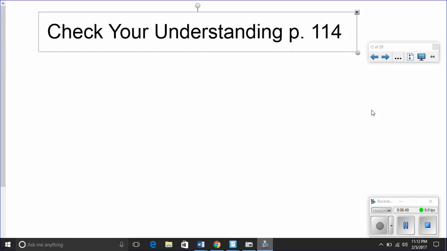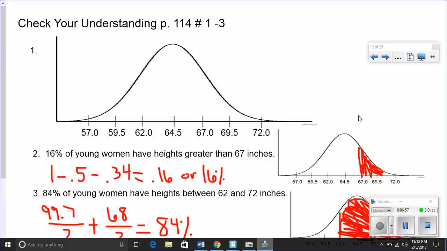Go ahead and try to check your understanding on page 114, and then we can go over these. So here are the answers. Number 1 just asked you to draw the sketch. The mean 64.5 goes in the middle, and then we add the standard deviation to the right and subtract it to the left.